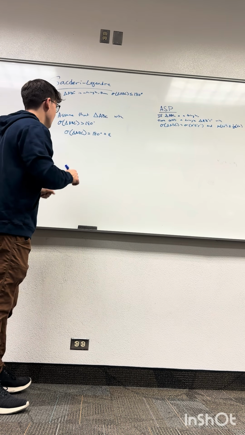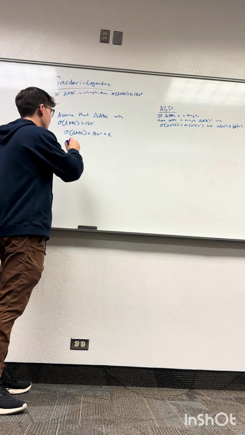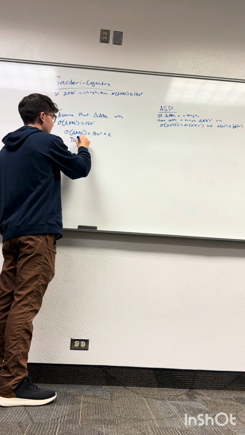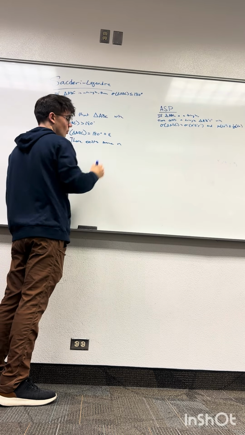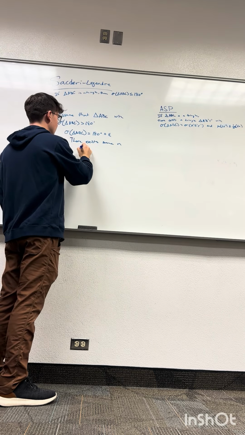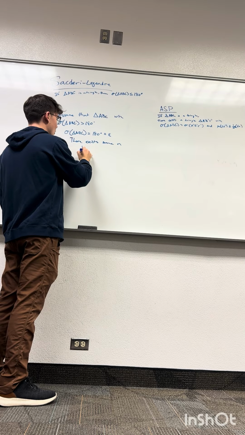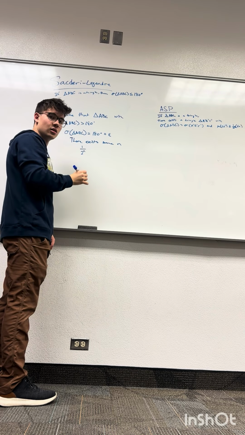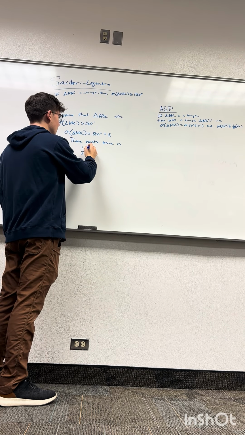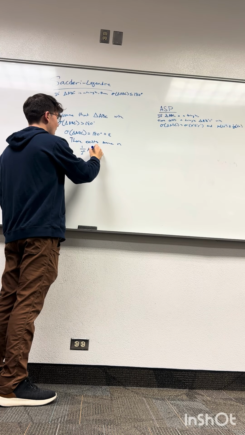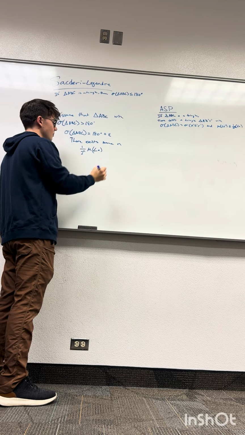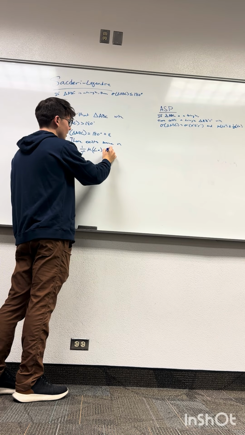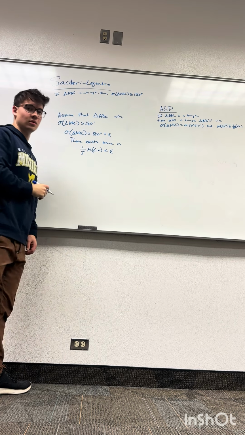We're also going to say that there exists some n such that 1 over 2 to the n times the angle measure of angle A is less than epsilon.